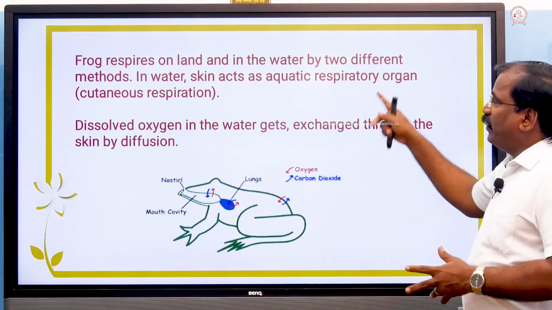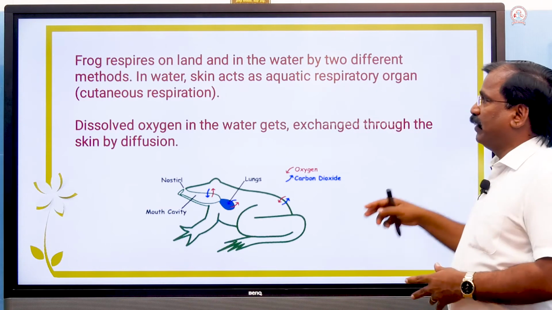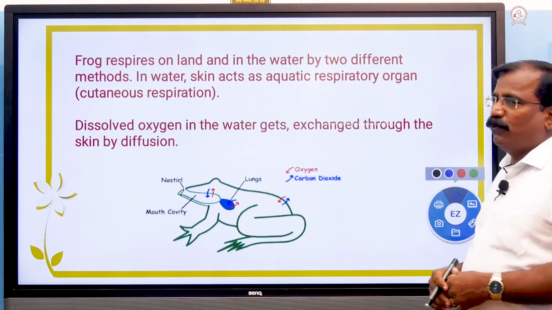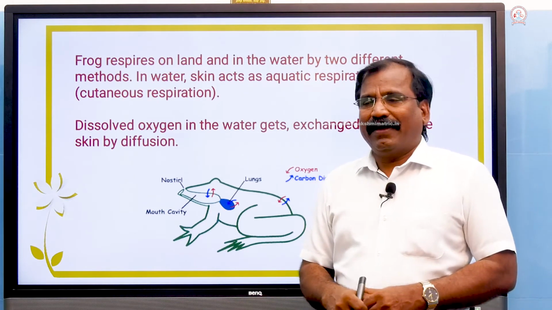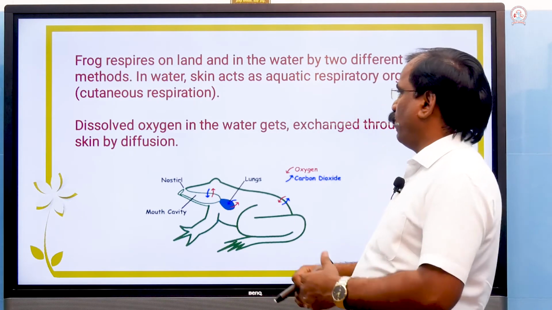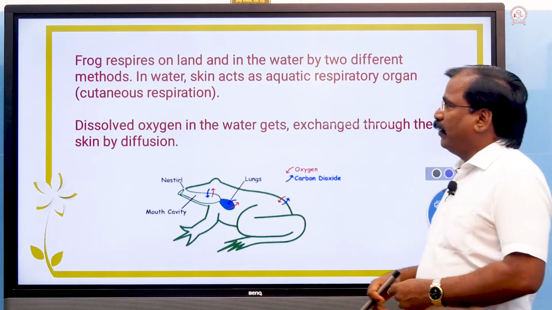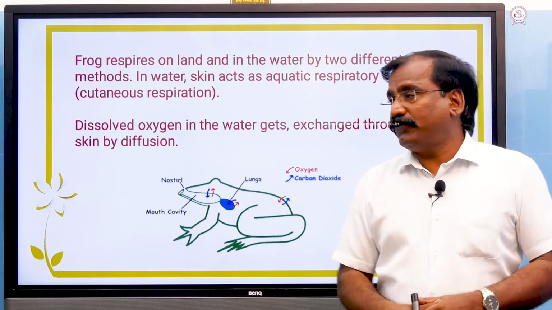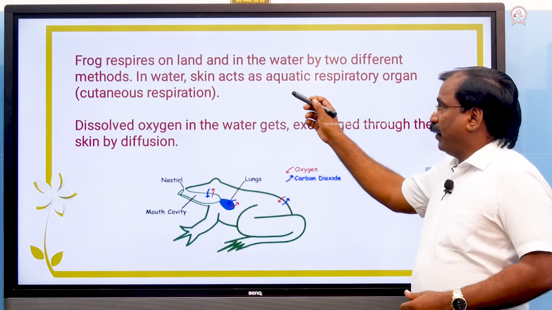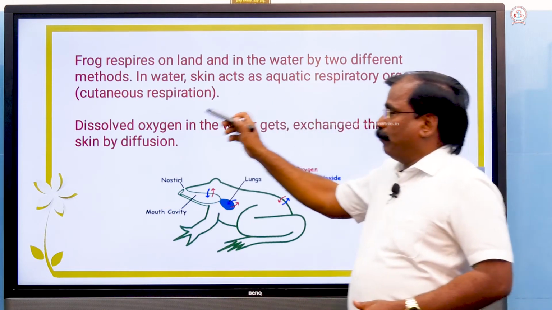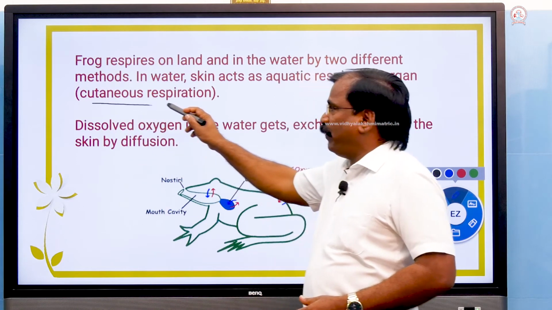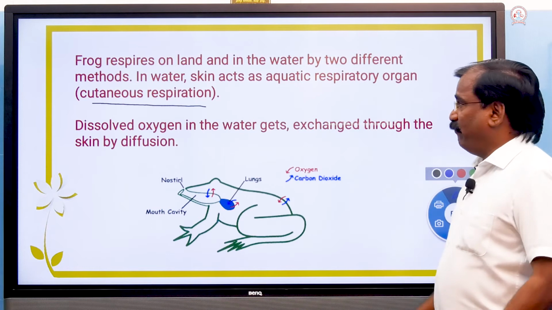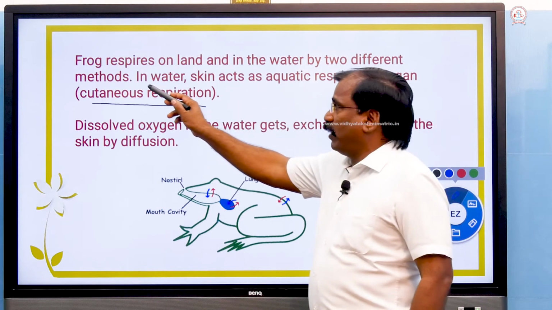These are two different methods, two different modes of respiration. It develops two different types of respiratory organs. When the animal is underwater, it does cutaneous respiration, it respires through the skin.